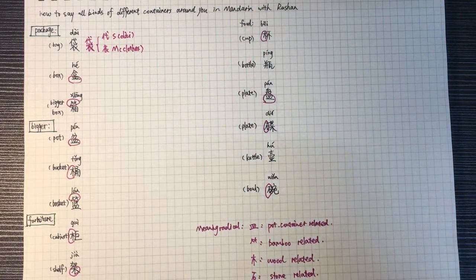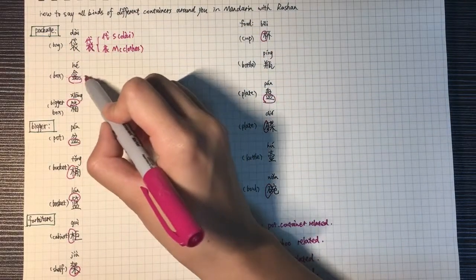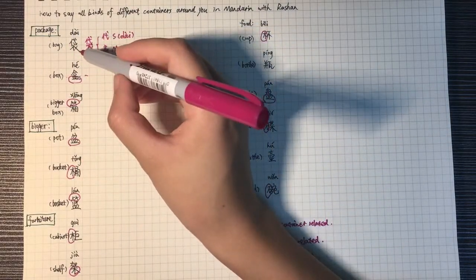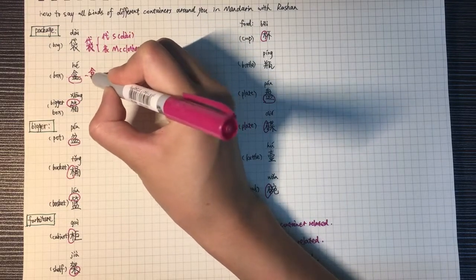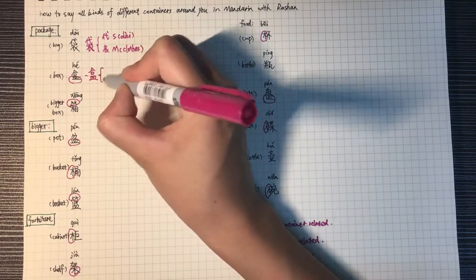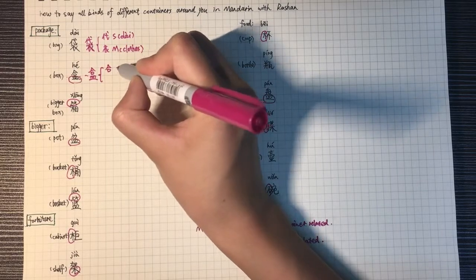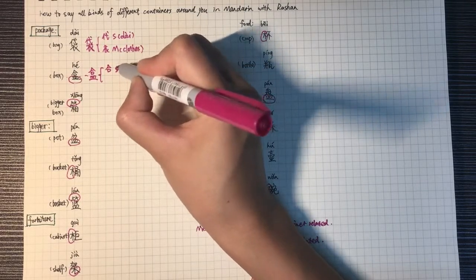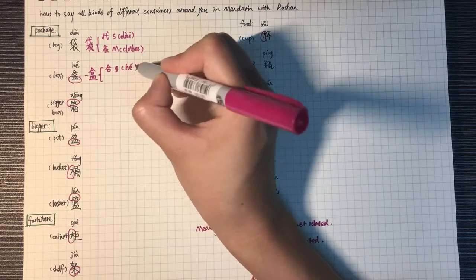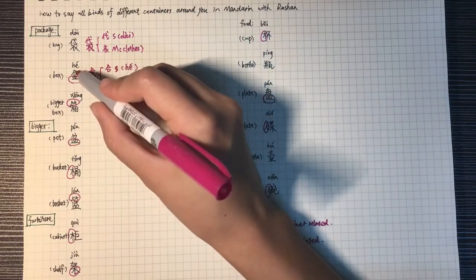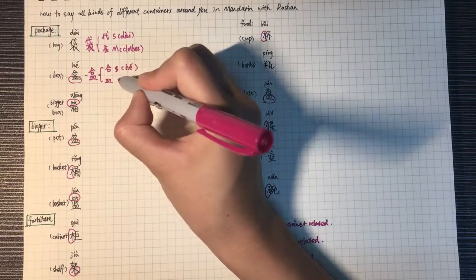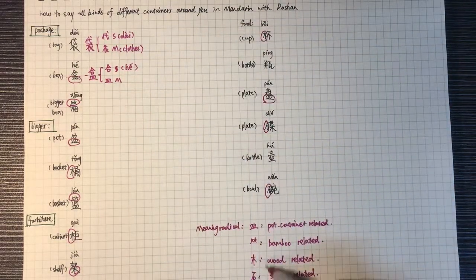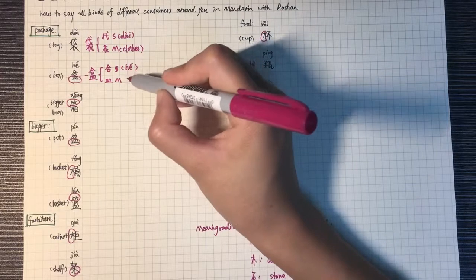The next one is another top-to-bottom structure. The top is a sound radical, 和, which gives the character its sound. And the bottom one is a meaning radical, about a pot.